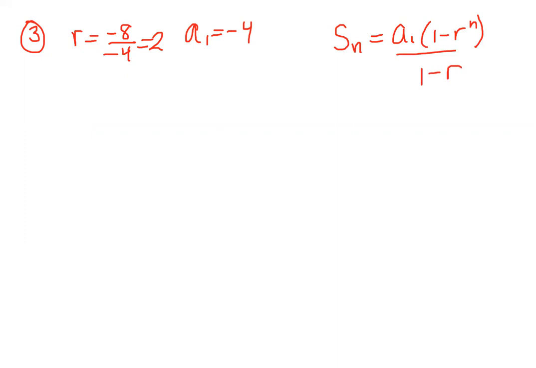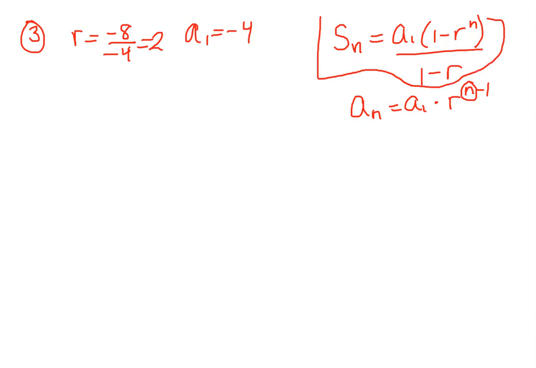We also need n. This problem right here for number 3, they didn't tell us how many terms that is. So we're going to have to use our geometric sequence equation to find what n is, because we don't know what n is. So for number 3, we have to do 2 steps before we can use this series equation right here.